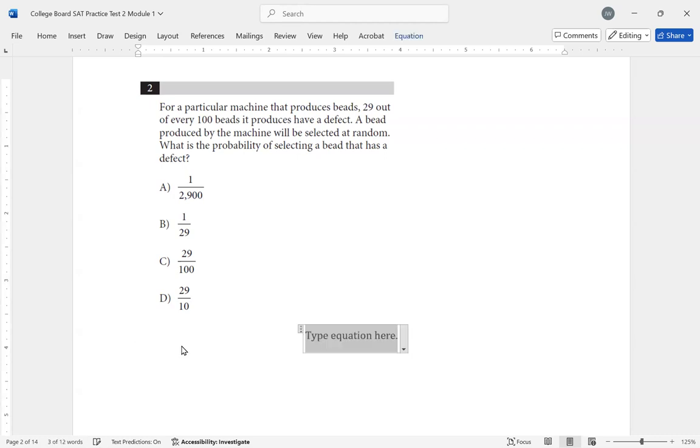So we're looking at the probability of a defect, and we're going to utilize probabilities based on the empirical numbers that are given here. Since 29 out of every 100 have a defect, the probability of having a defect is going to be 29 out of 100. And that is answer C.